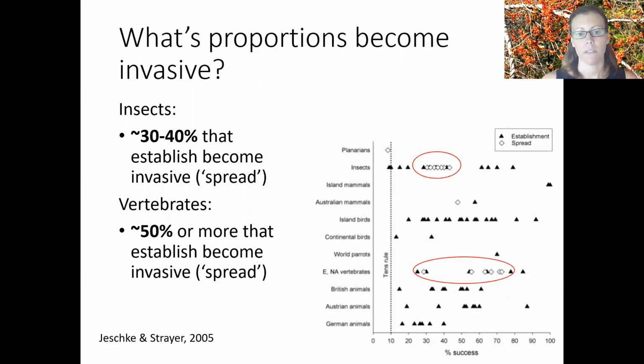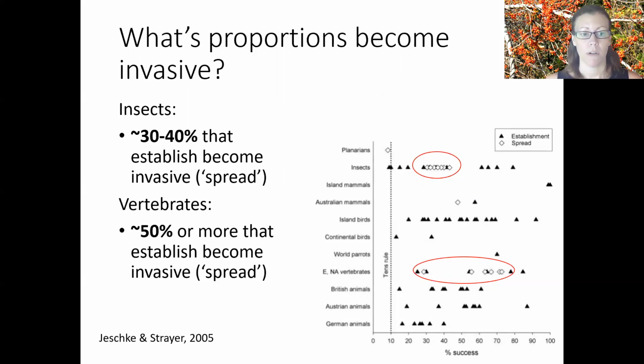And so the red circles on here are showing the spread data, which exist for vertebrates in Europe. It moved between Europe and North America, and insects. And so the insect data, somewhere between 30 and 40% that were successfully established go on to spread, to potentially become invasive.